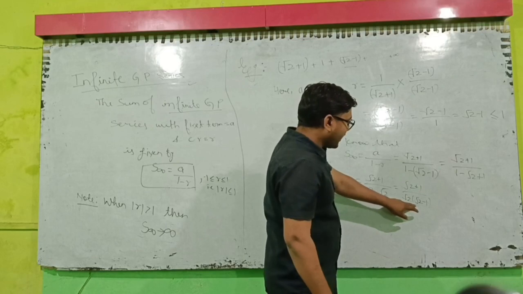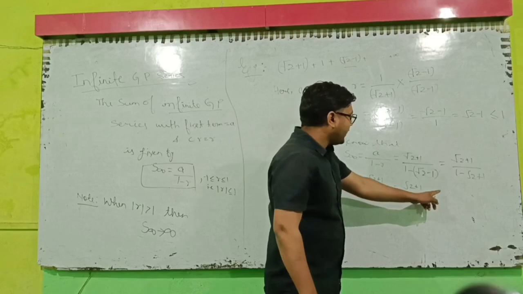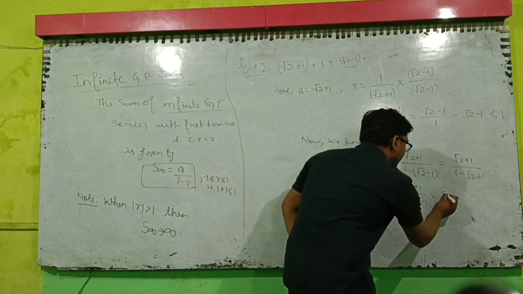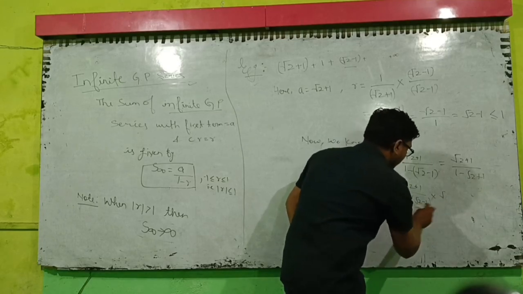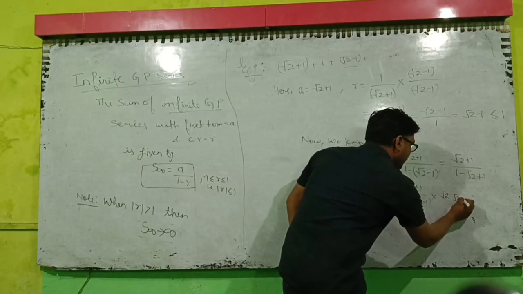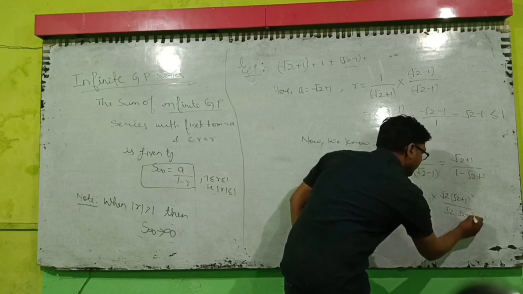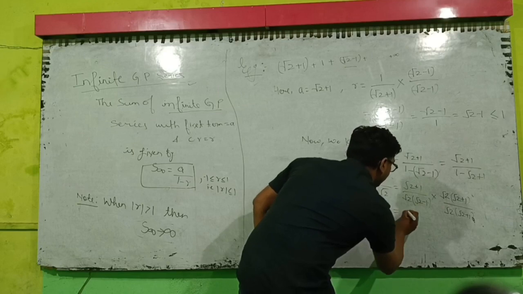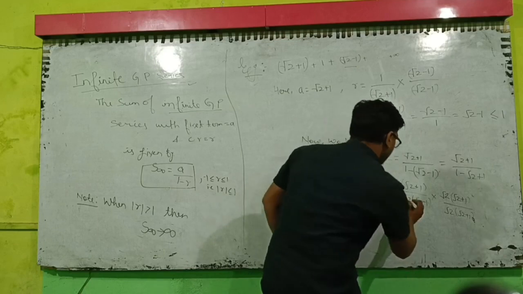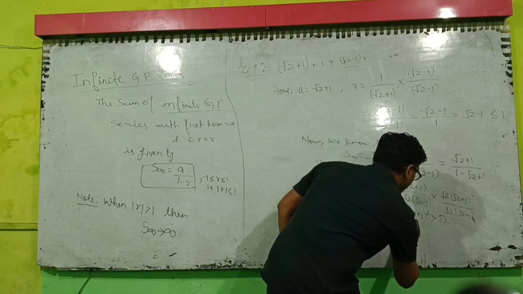Again we see that the denominator is an irrational quantity, so we multiply numerator and denominator by its conjugate, root 2 plus 1. This gives root 2 plus 1 whole square in the numerator, and in the denominator root 2 into root 2 minus 1 times root 2 plus 1.